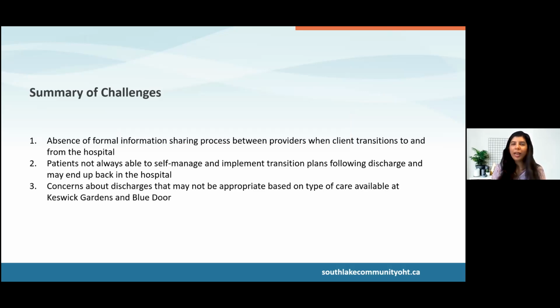What was surprising is that although the sites are quite different and the clients are very different, both vulnerable populations, we expected the challenges would be very different as well, but surprisingly, the challenges were quite similar. And so we were able to summarize the top 3 challenges that stakeholders we interviewed at Keswick Gardens, Blue Door Shelter, as well as South Lake Hospital mentioned to us.